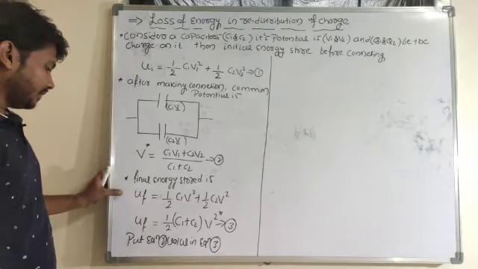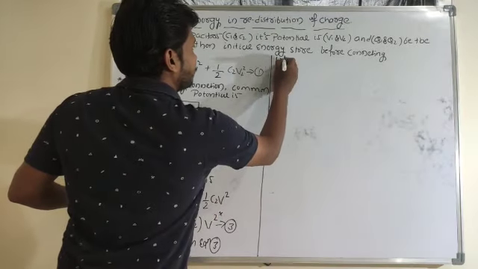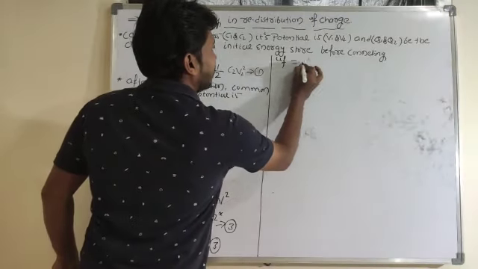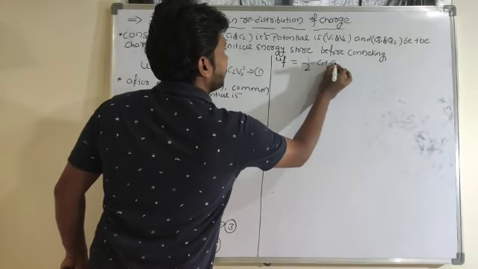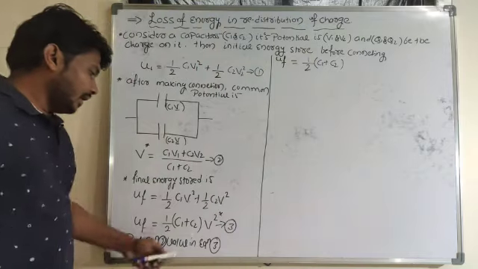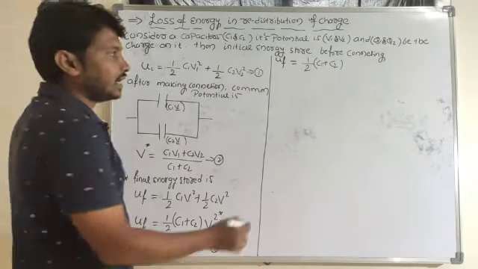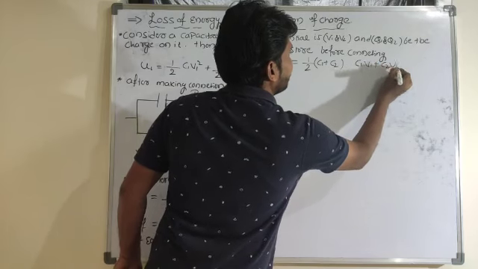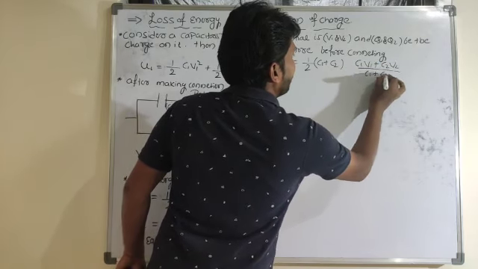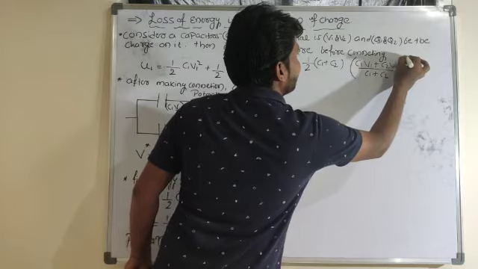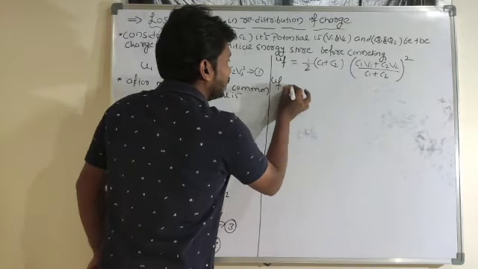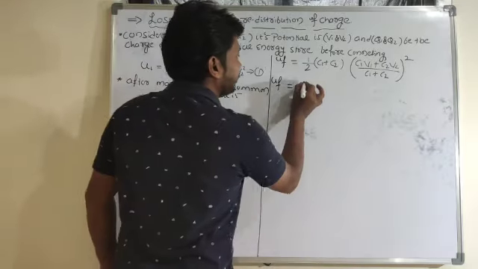Then equation 3 becomes U_f is equal to half of (C1 plus C2) into, shall I take this one as (C1 V1 plus C2 V2) divided by (C1 plus C2), whole square. V square is there. So one more step I need to simplify here.